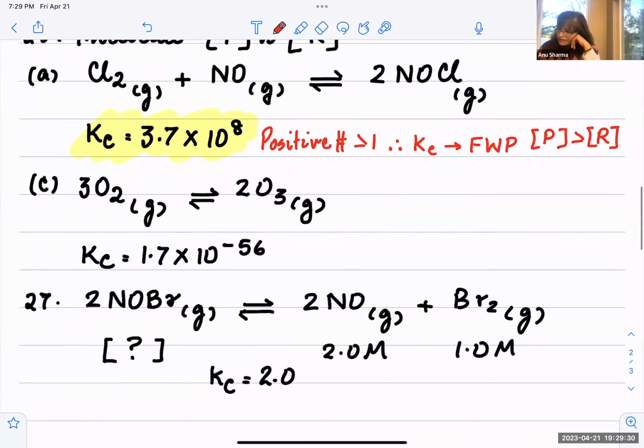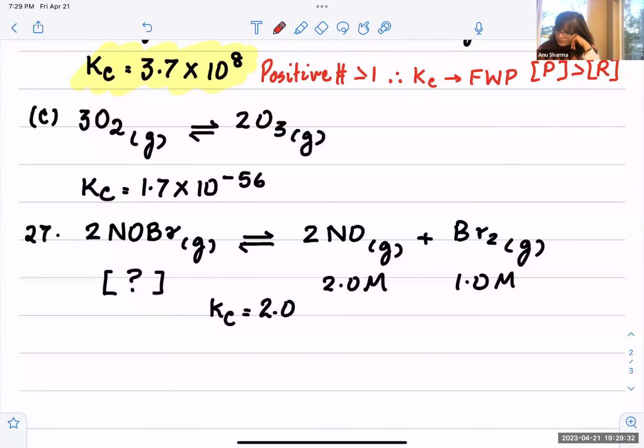All right, next is this number. Again, for this reaction we are given the value of Kc, but a negative exponent means a smaller number, less than 1.